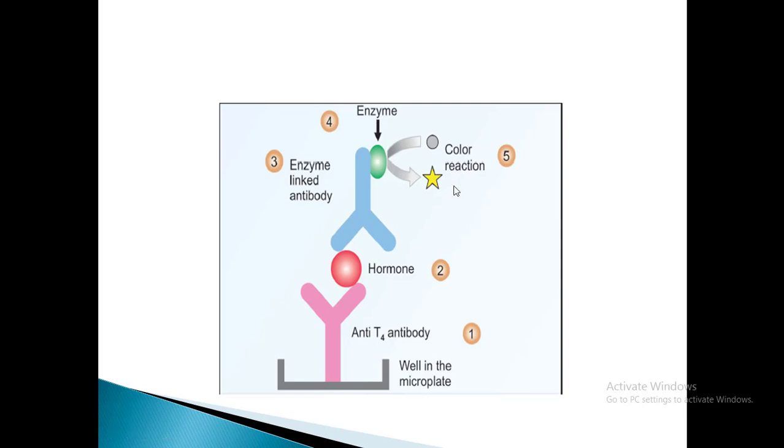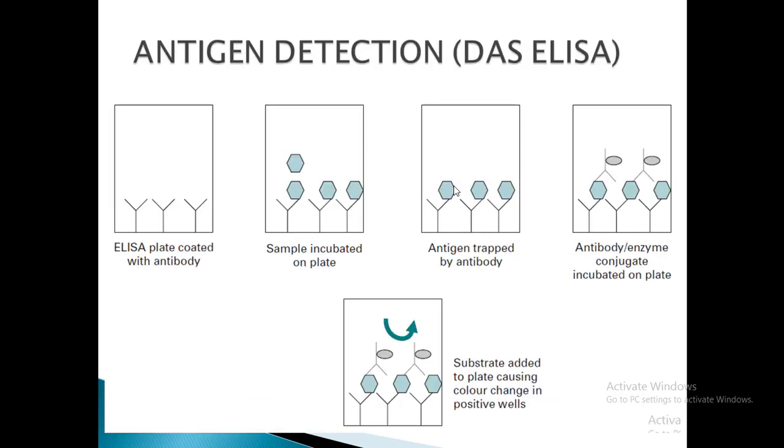So this is a magnified view, and now you can appreciate the difference between homogeneous assay and heterogeneous assay that I told you earlier. With each step there is a removal of unbound or free antigen or antibody from the step.